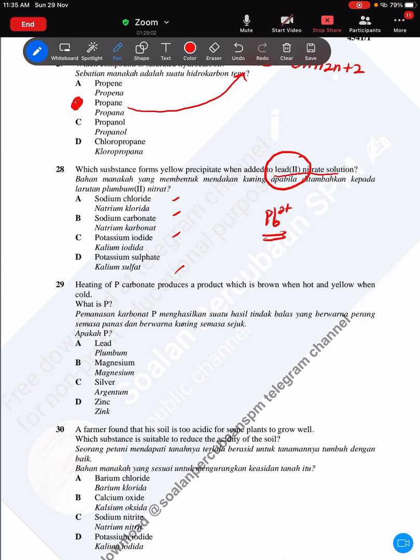During the salt topic, you did study this. Very good. Potassium iodide. It is the chemical used to identify the presence of Pb2+. Remember, guys, to confirm the presence of Pb2+, you use potassium iodide, which will form a yellow precipitate.